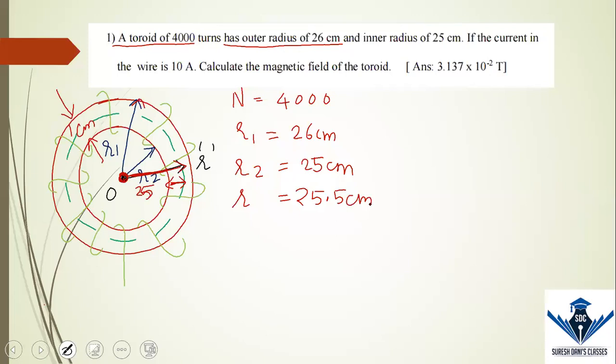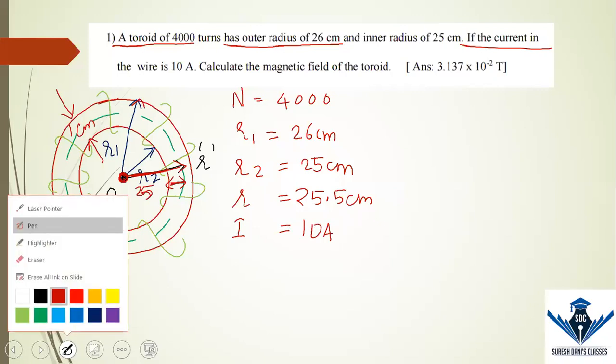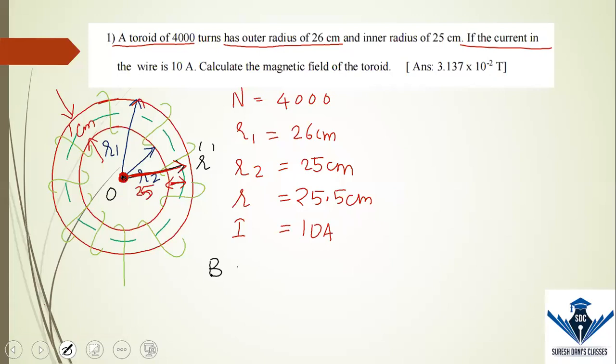Now, if you read further, the current in the wire is already given to us as 10 amperes. What is the magnetic field of the toroid? The magnetic field of the toroid is given by mu naught N i, which is nothing but mu naught N upon 2 pi r into I. Is this clear? So therefore, what is our answer?